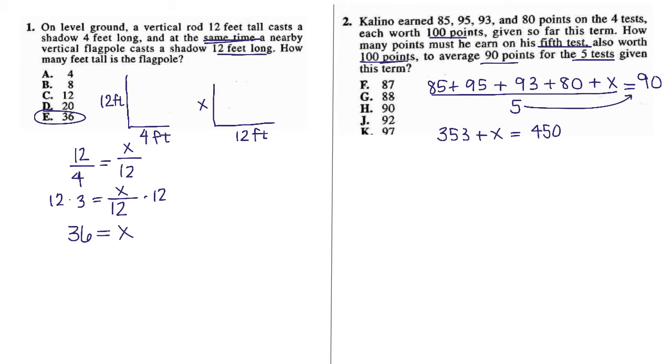And then, of course, add those known values. Here again, we would subtract 353 to the other side, so x would be 97. That would be what he would need to make on that 5th test to average a 90.